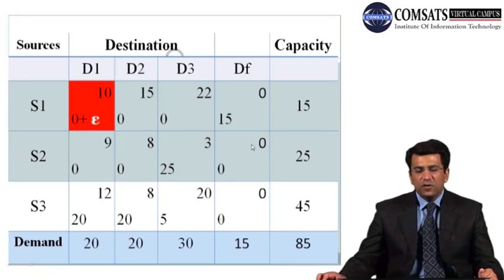It can be added in any unoccupied cell of u1 or any unoccupied cell of v4. Now suppose we are adding this epsilon in that particular cell S1D1, which is actually the empty cell for that u1 row.